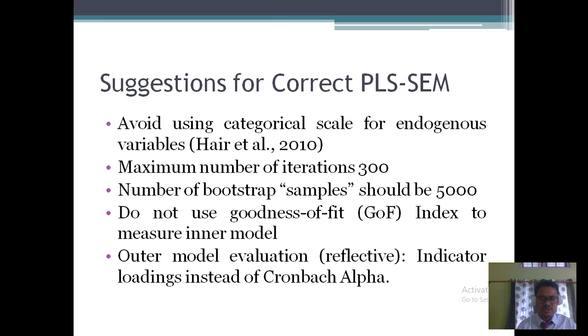Also, it is recommended that in partial least square structure equation modeling, one should not use the goodness of fit index to measure the inner model. In terms of measuring the outer model, indicator loadings can be considered instead of Cronbach's alpha, or composite reliability can also be considered, which I have already explained in the slides. Thank you.